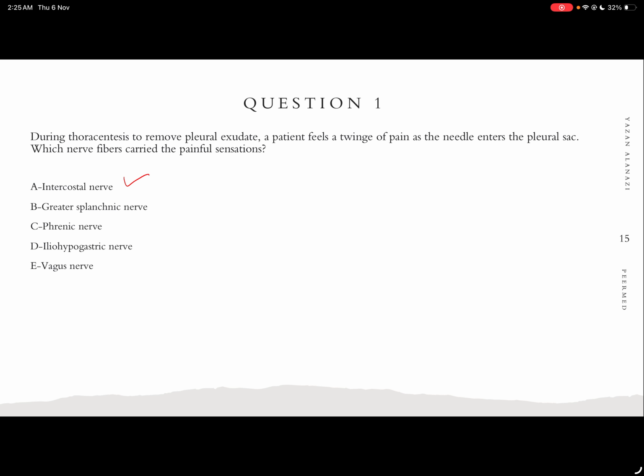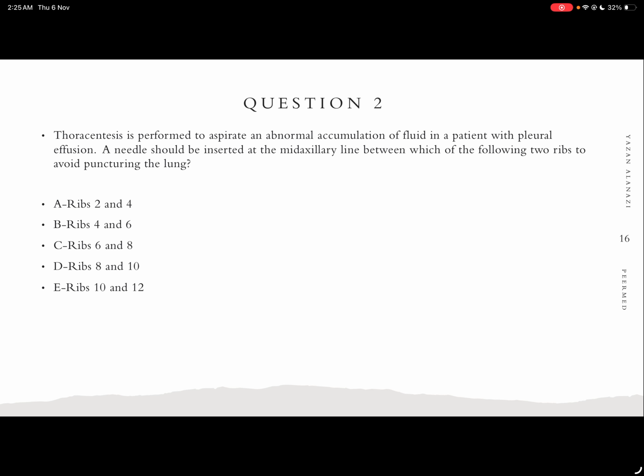Okay. Question number 2. Thoracentesis is performed to aspirate an abnormal accumulation of fluid in a patient with a pleural effusion. A needle should be inserted at the mid-axillary line between which of the following two ribs to avoid puncturing? We just mentioned it. It's between the 8th and the 10th rib.